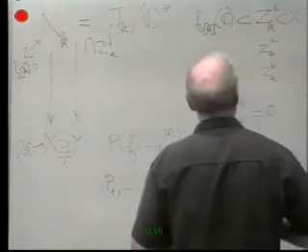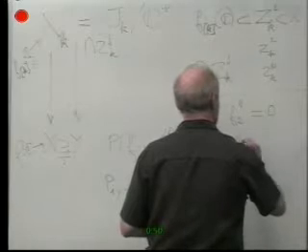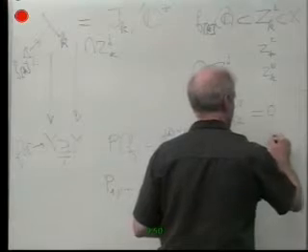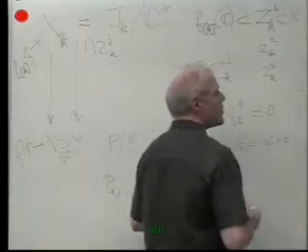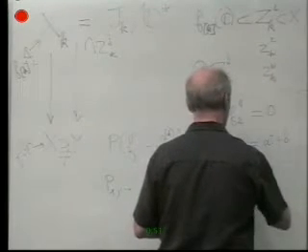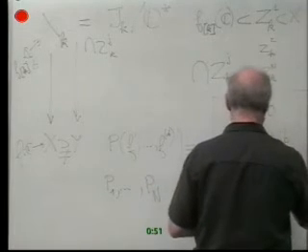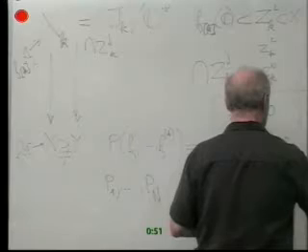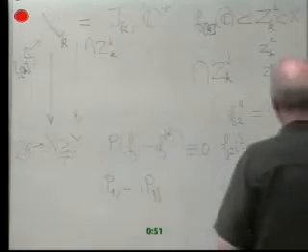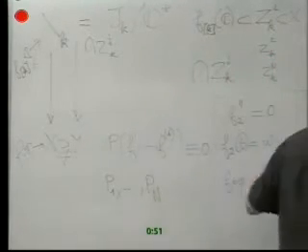Because f2 double prime is 0 just means that f2 is an affine function in some coordinates. But then, of course, your curve can be reparametrized by any automorphism of C, or any entire map from C to C, and then, of course, you lose the fact that this is an affine function. And therefore, the fact that this is an affine function is completely irrelevant. And therefore, this equation has absolutely no meaning.